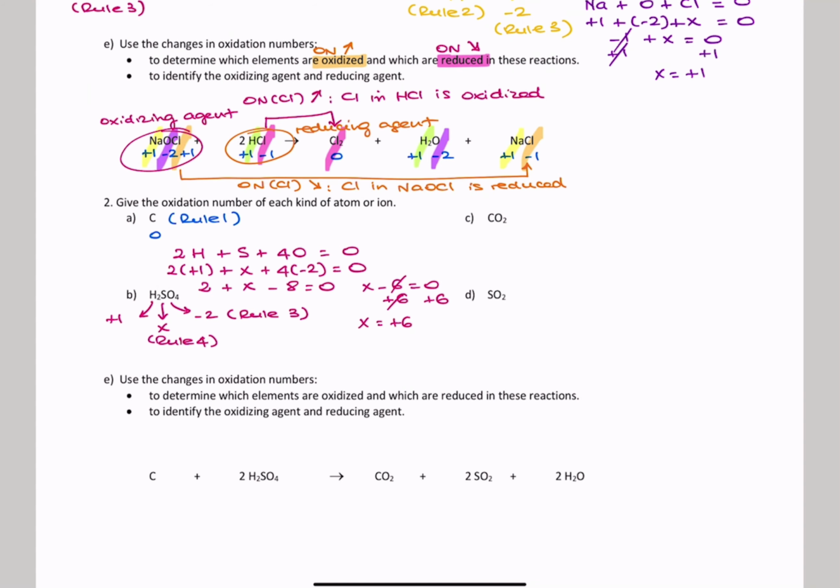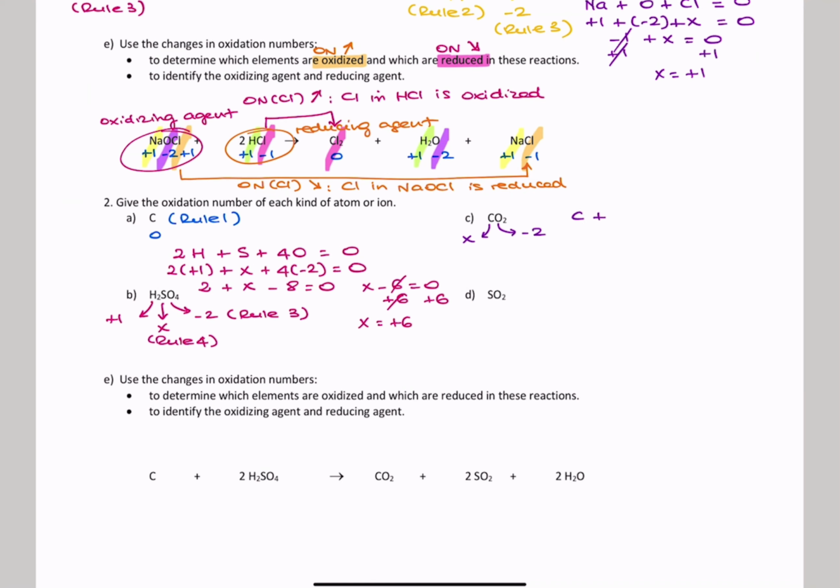Then we have carbon dioxide. Carbon dioxide is a covalent compound. Therefore, it's not elemental, and it's not ionic. Specific rule, yes. Oxygen is -2. We're going to pose X as the oxidation number for C. Solving using rule 4, the sum of the oxidation numbers is equal to 0.